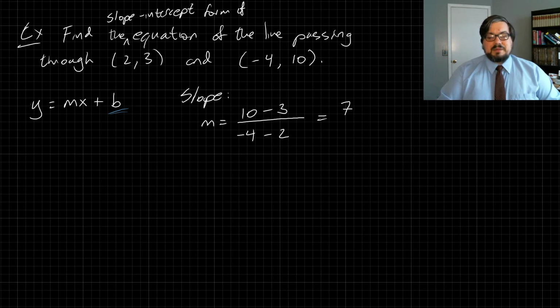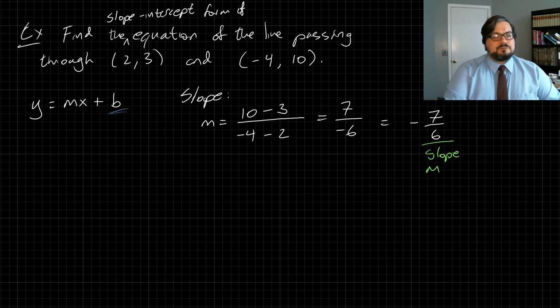So 10 minus 3 is 7, -4 minus 2 is -6, so we get -7/6 as the slope of our line. So that means that we're halfway there.